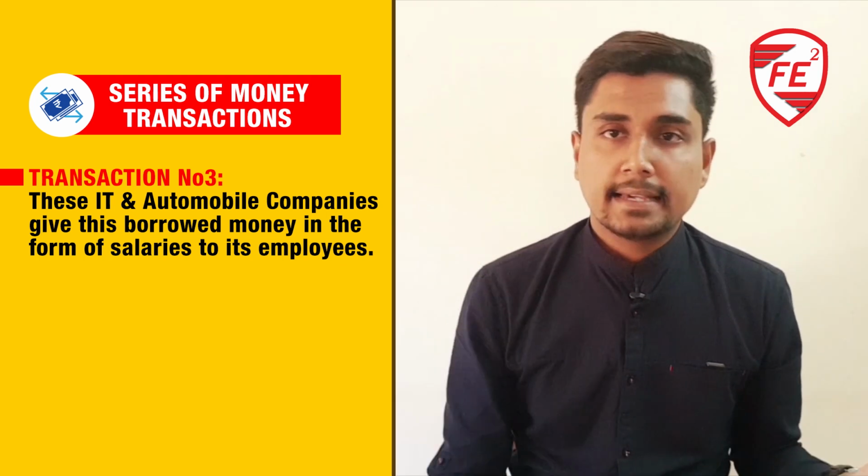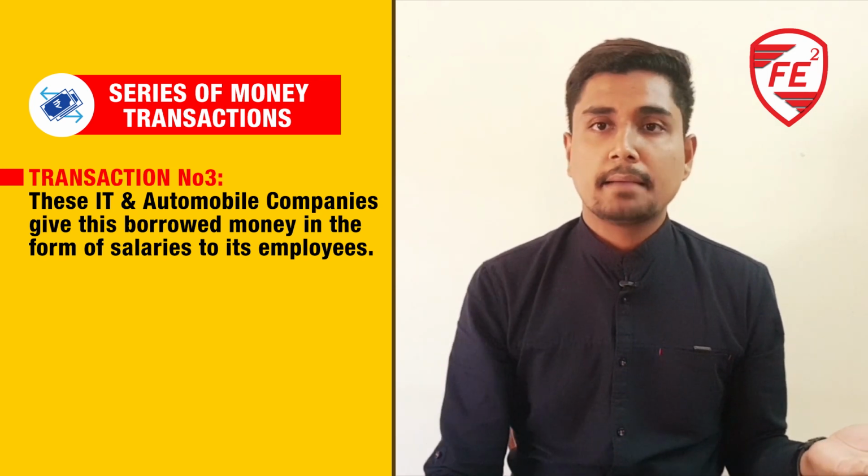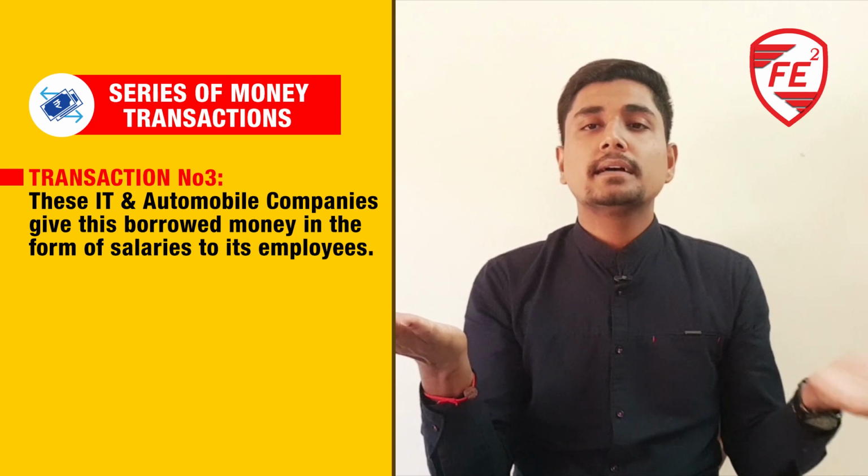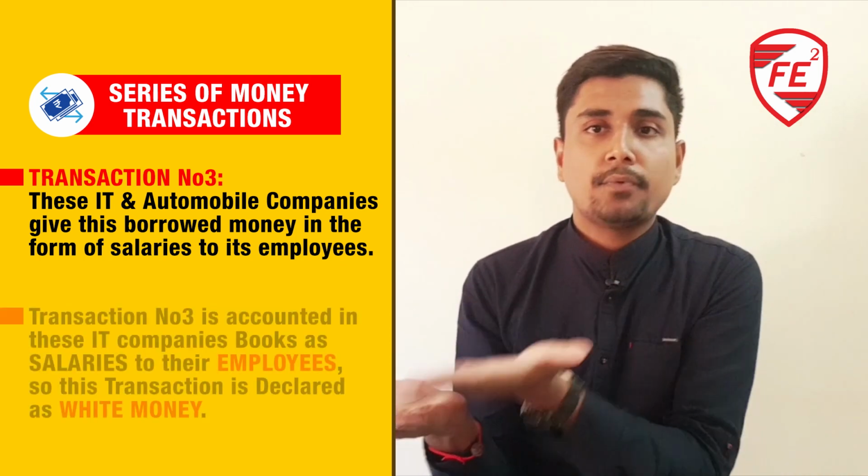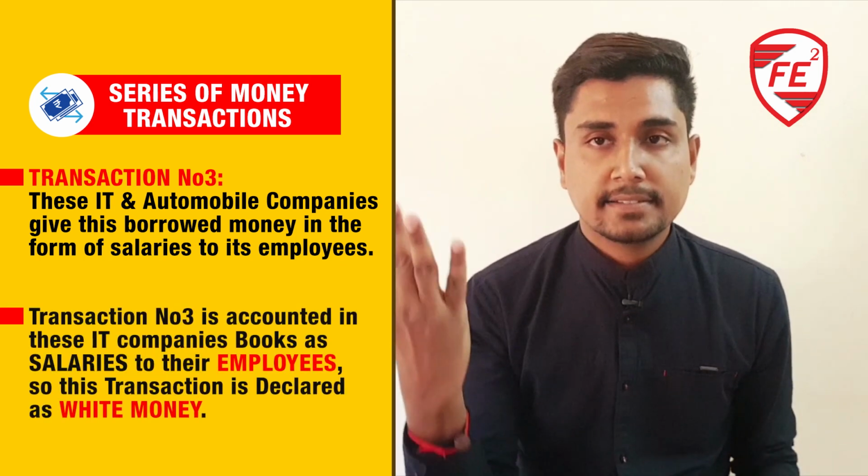If you are working as an employee in Zogo or IBM, you get the money from your company in the form of salary. Let's take this as transaction number 3.